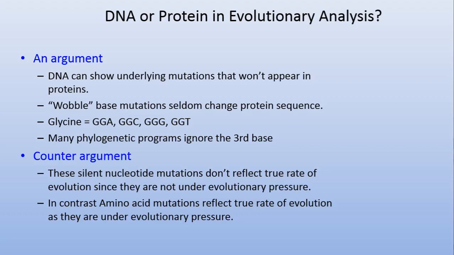If the amino acid residue changes, that would eventually change the function of your protein, and if the function of the protein is changed, that mutation can either be selected or discarded in the selection procedure. So these are the ways one can argue the pros and cons of using DNA or protein in your evolutionary analysis.